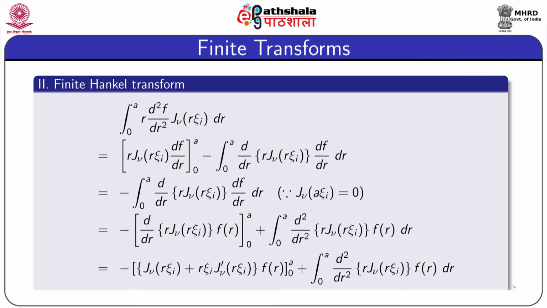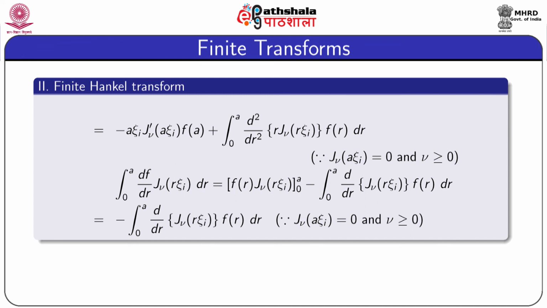So, this is J_nu(r xi_i) into the derivative of r, which is 1, plus r into the derivative of the Bessel function J_nu dash(r xi_i) into the derivative of r xi_i, which gives xi_i, into f(r), whole multiplied with f(r), and the limits are 0 to a. Now, using the condition J_nu(a xi_i) equals 0, the value of the expression becomes what you can see in the first line of this slide.